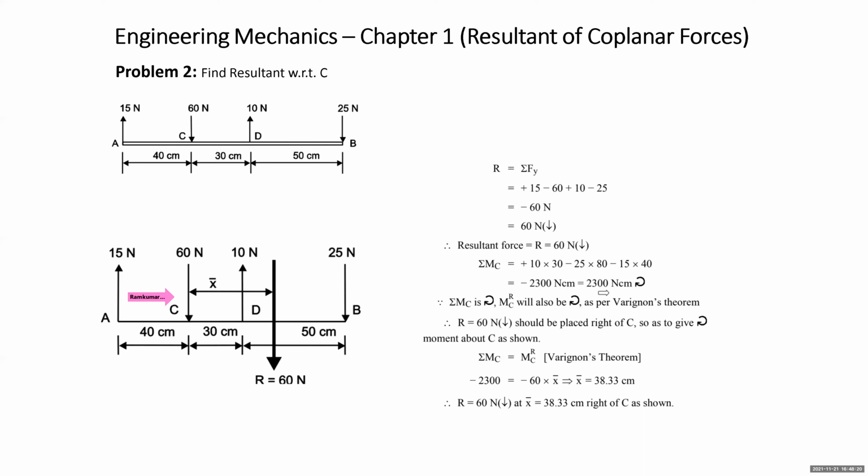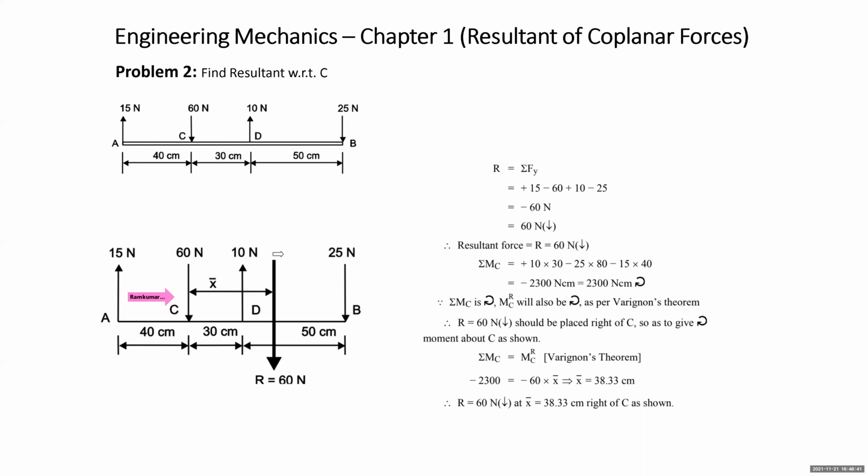Minus indicative that sigma MC is clockwise. Sigma MC is clockwise, the algebraic sum of moments of all forces about C is clockwise. If sigma MC is clockwise, moment of resultant about C will also be clockwise. Moment of resultant about C will also be clockwise as per Varignon's theorem. Now resultant was 60 Newton downward, which you cannot change.